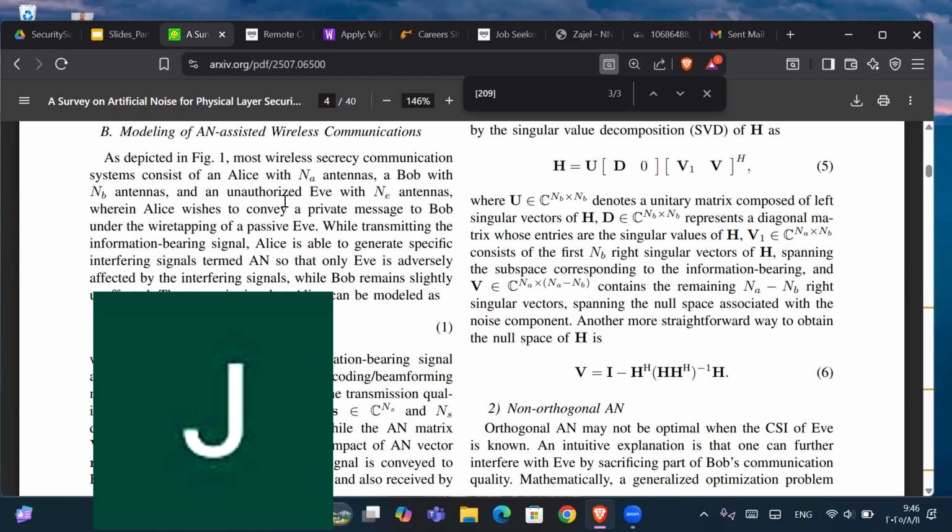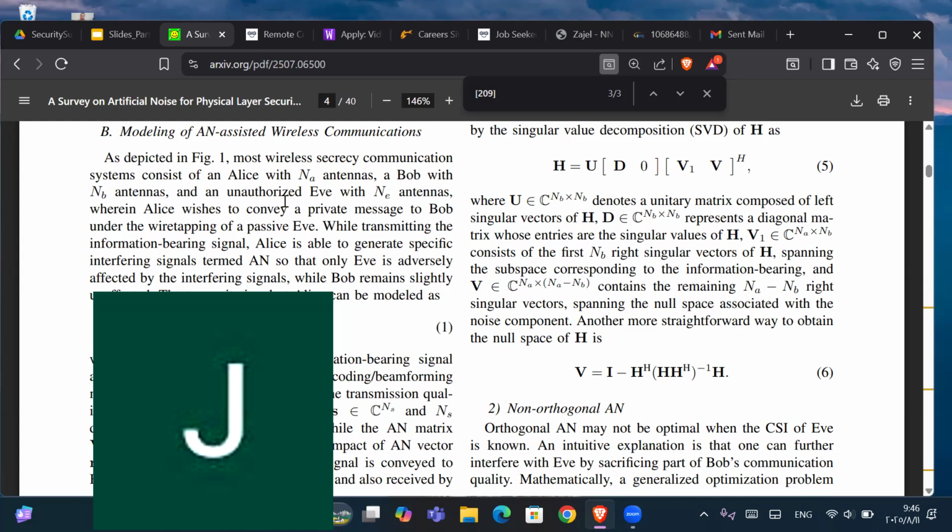And a Bob with NB antennas. Let's say the number of antennas at Bob equals 2, then NB equals 2. And an unauthorized Eve with NE antennas. If the number of antennas at Eve equals, again, let's say 2, then NE is equal to 2. This is how we represent the number of antennas at Alice, Bob, and Eve respectively.